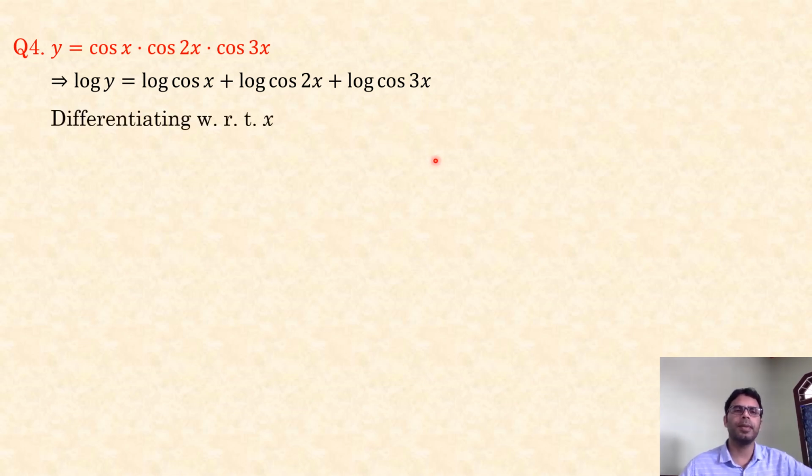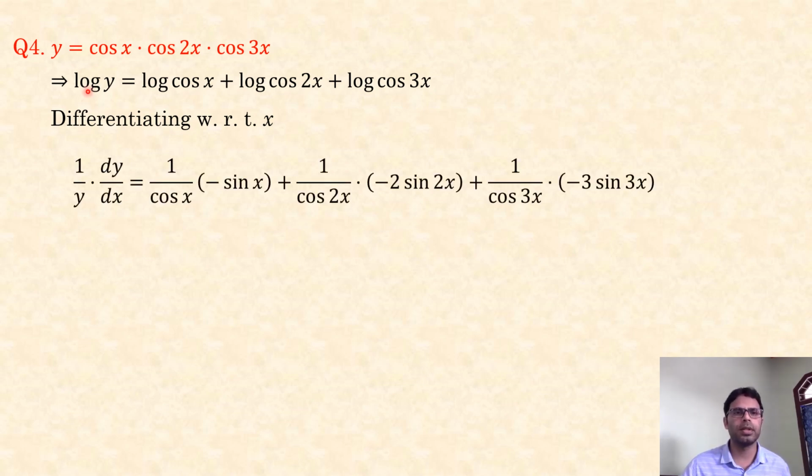Differentiating with respect to x, this line is compulsory because y is inside the logarithm function, meaning this function is an implicit function now. So log y differentiation is 1 by y for y, dy dx, is equal to log cos x differentiation 1 by cos x, then cos x differentiation is minus sin x by chain rule, then plus 1 by cos 2x into the differentiation of cos 2x, which is 2 sin 2x, and since it is cos it is negative.